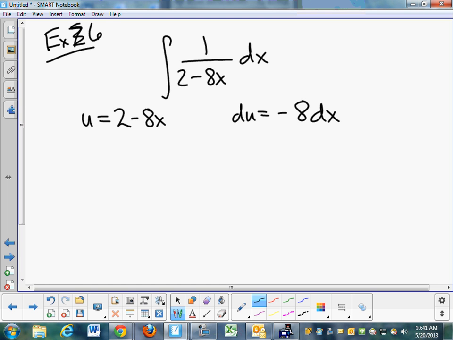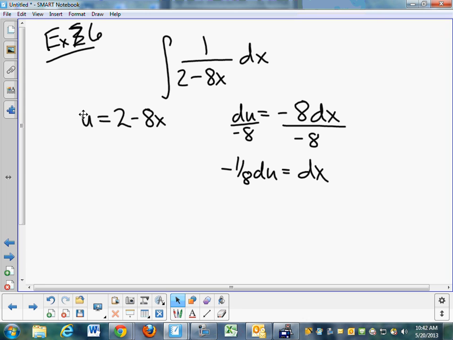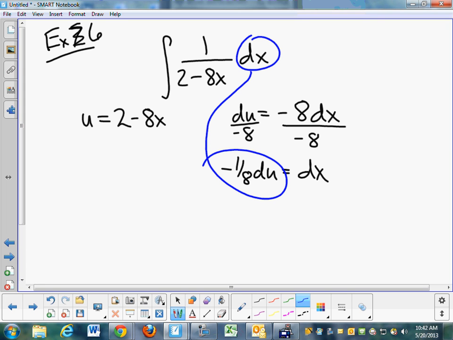Do you have a negative 8 up here? No, so I'm going to divide both sides by negative 8. And I get negative 1/8 du is equal to dx. So as we glance at our original problem, we can see that the dx is replaced by negative 1/8 du.